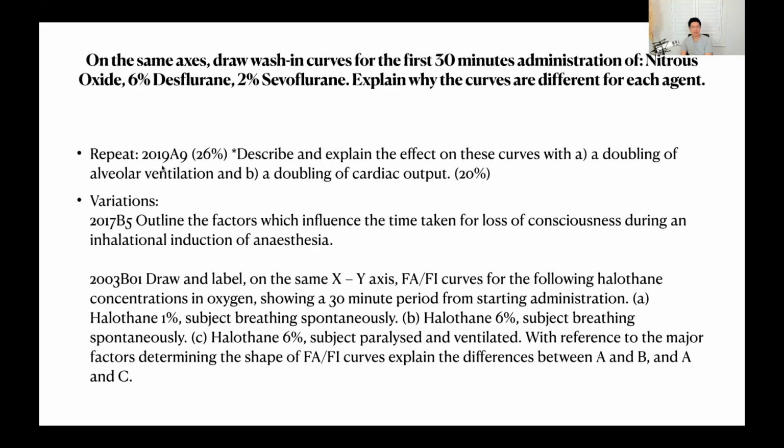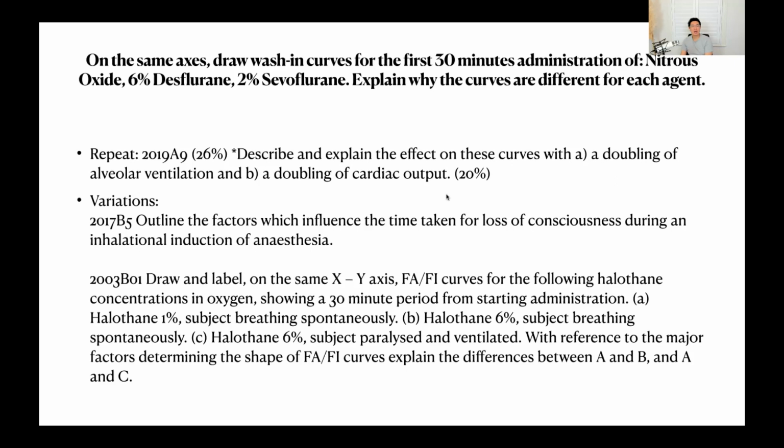So 2019, so 3 years ago, had a pass rate of 26%. And the additional comment that was there in the repeat, but not here in the new one, was that the previous question had described and explained the effect on these curves with A, a doubling of alveolar ventilation, and B, a doubling of cardiac output.